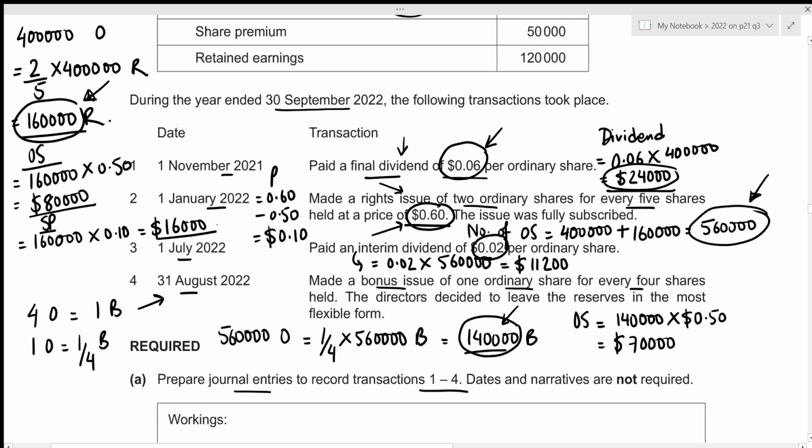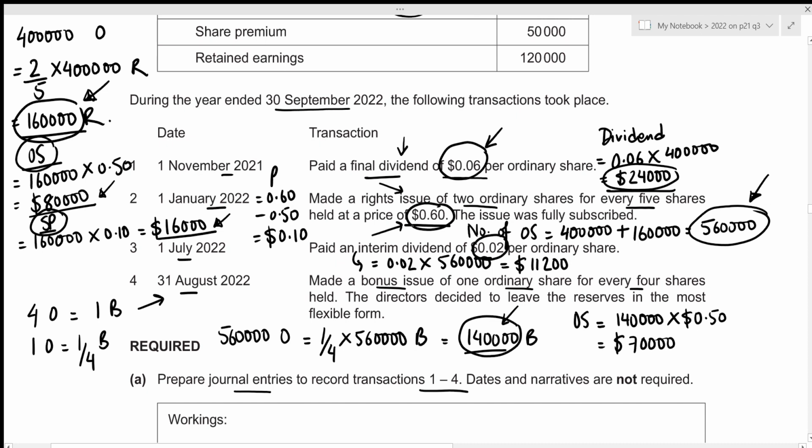And always remember that increment in assets are recorded on the debit side in our journal entries, whereas the increment in liabilities and equities are recorded on the credit side. Which means that in order to record this transaction in our journal entry, we need to record our share capital with a value of 80,000 on the credit side, as well as the share premium with a value of 16,000 on the credit side.